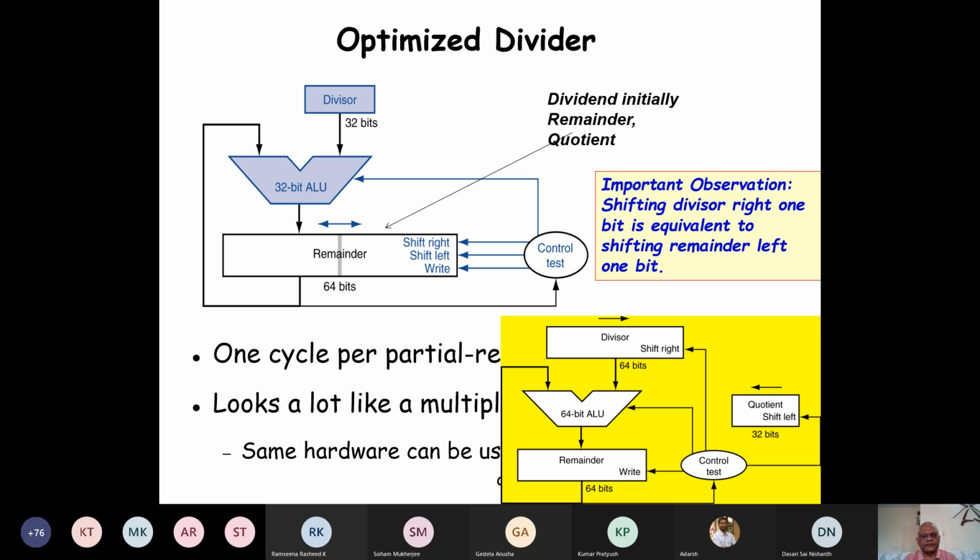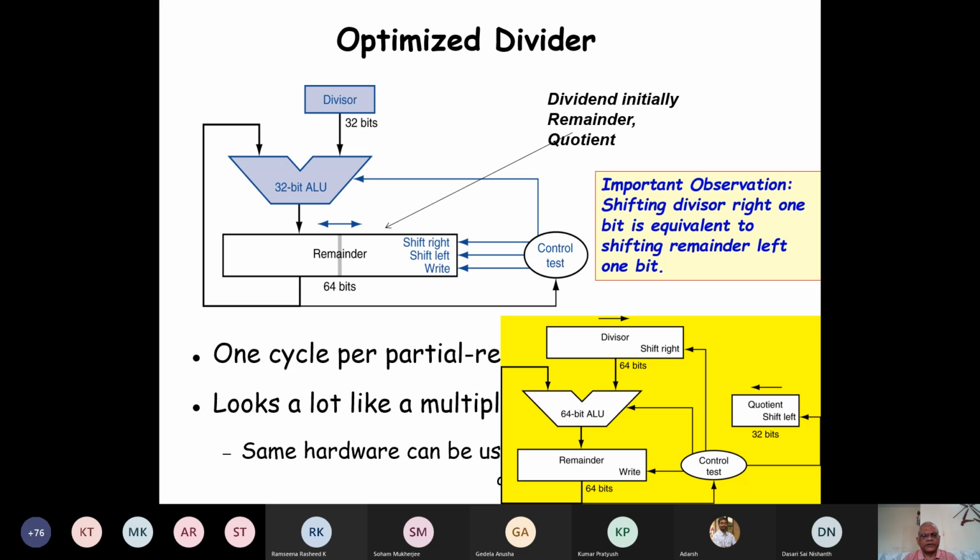And then slowly we shift the dividend one bit left, and then we try the subtraction again. If the subtraction result is negative, we add back, and so on.